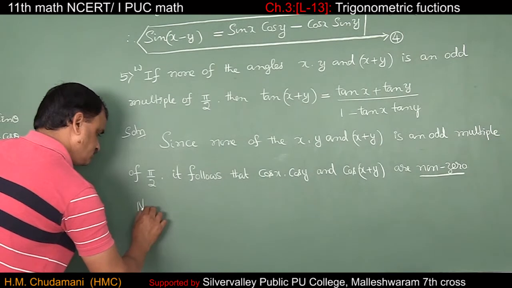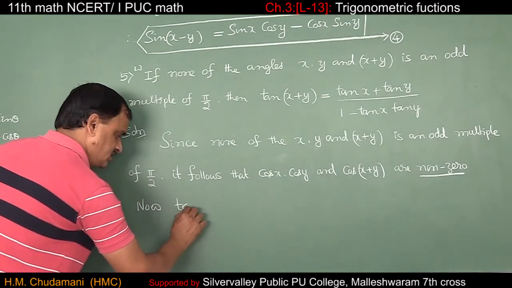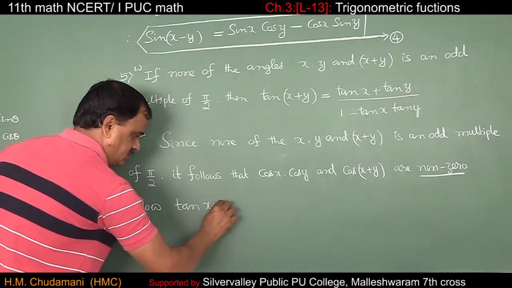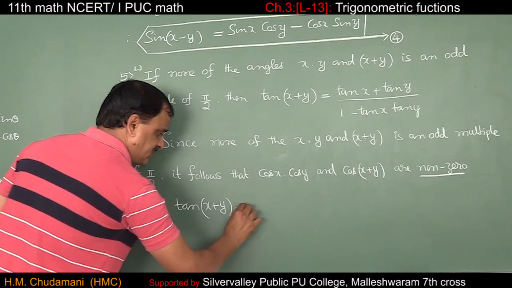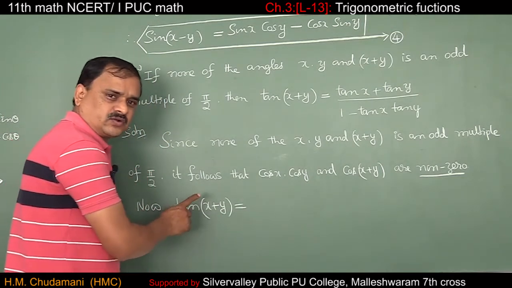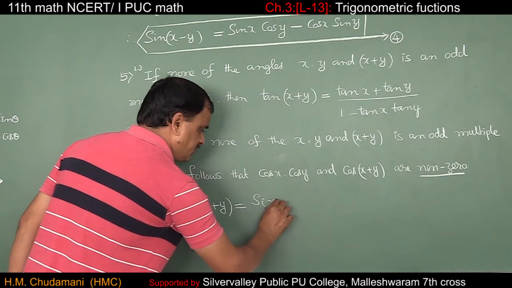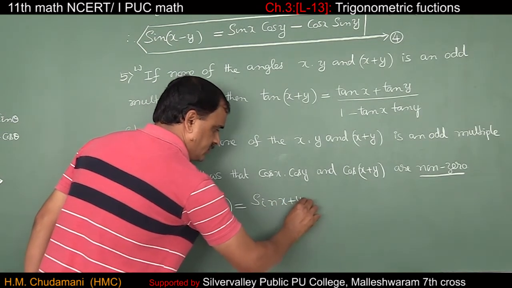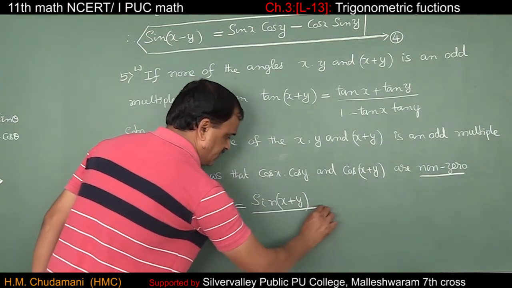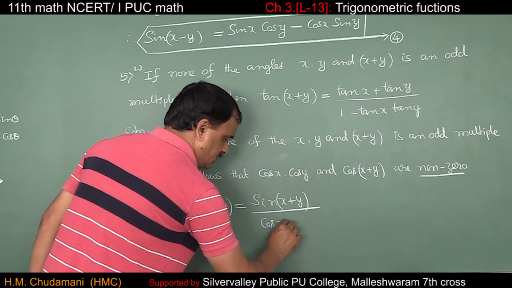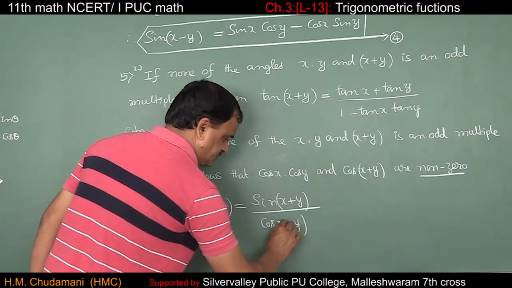Now I just take the left hand side, tan of x plus y. The quotient relation for tan theta is sin theta divided by cos theta. So sin of x plus y divided by cos of x plus y.